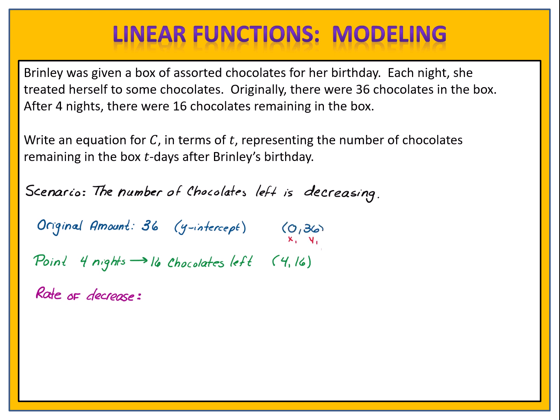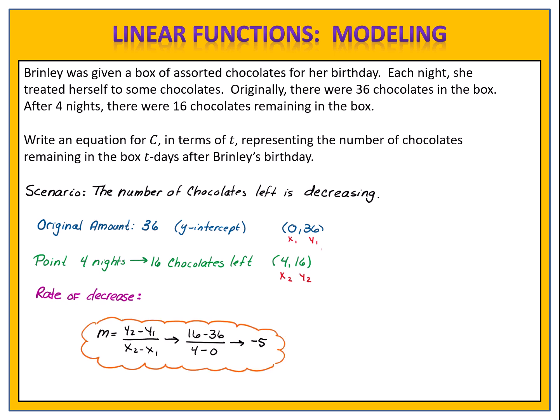This can also be written as the point (0, 36). And we have the point (4, 16). If we label these points (x1, y1) and (x2, y2), we can use our slope formula to calculate the rate of change. The rate of change is -5. That means Brinley was eating 5 chocolates each night.